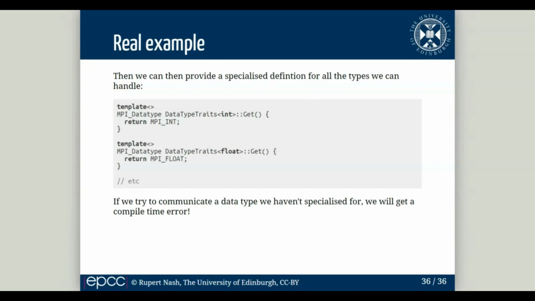What's really nice about this is that if we haven't implemented a specific type, when we try to communicate, we'll get a compile time error. And this gives an example of how we can use some trait manipulation, so type manipulation, to take advantage of the templating and reduce some complexity, even though you might naturally think templates increase the complexity.